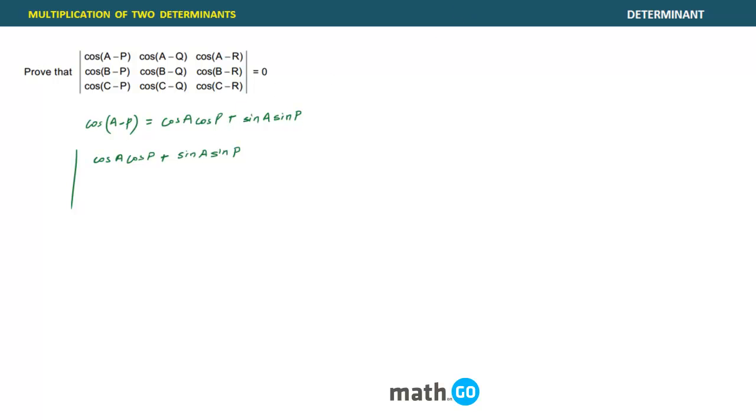Do not worry, we will see what happens with that. The next term is cos a cos q, again a multiplication of two terms, plus sin a sin q, and still the third term is missing. Similarly the next element of the determinant is cos a cos r plus sin a sin r. We were expecting another term.